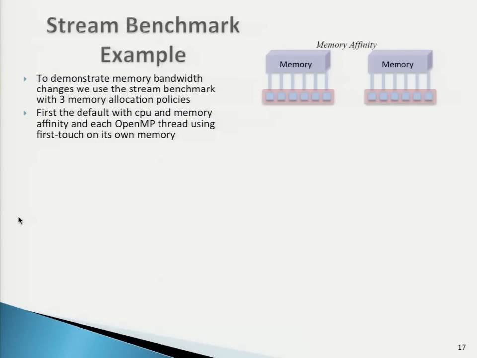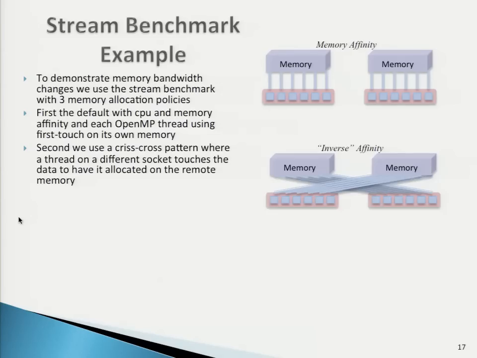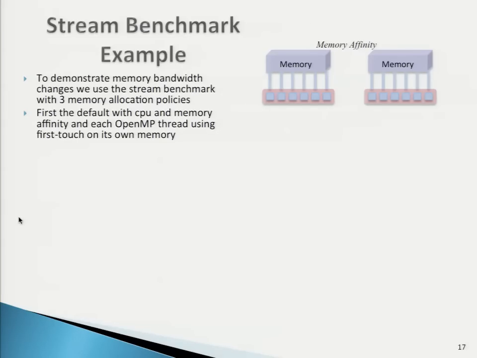So we're going to look at different ways of setting up your memory affinity with the stream benchmark. The first way is where we set up our memory affinity properly. We allocate these arrays that we're going to be copying to and from, and then we have a for loop that has been parallelized using a pragma omp parallel for, so that the parts of each array that each thread is going to be touching will be in the right NUMA domain.